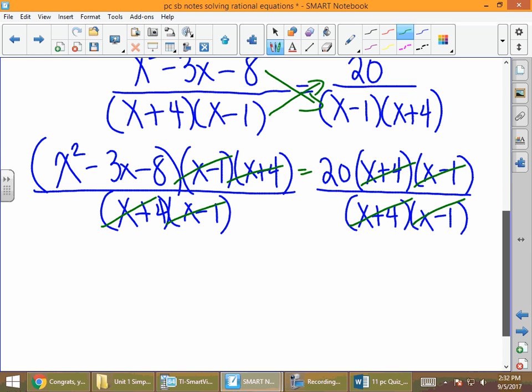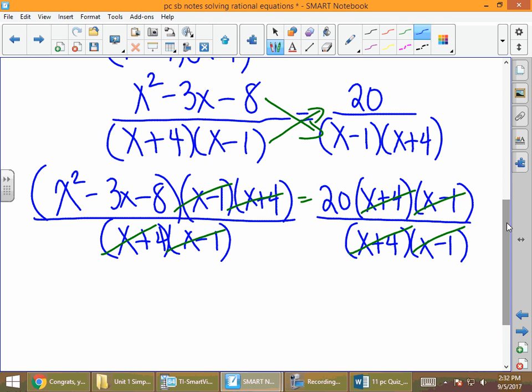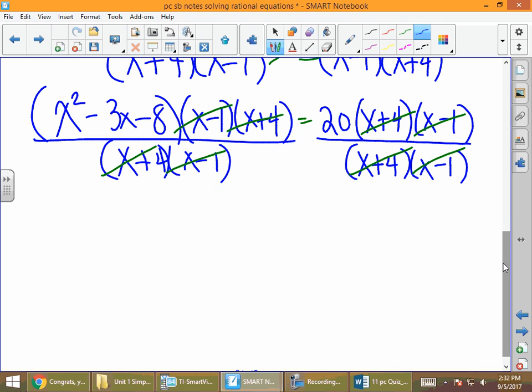And you can see we're canceling them out. And for some of you, you're not even going to have to do that. Now that there's a common denominator, what we need to deal with is the x squared minus 3x minus 8 equals 20. We need to deal with the numerator.